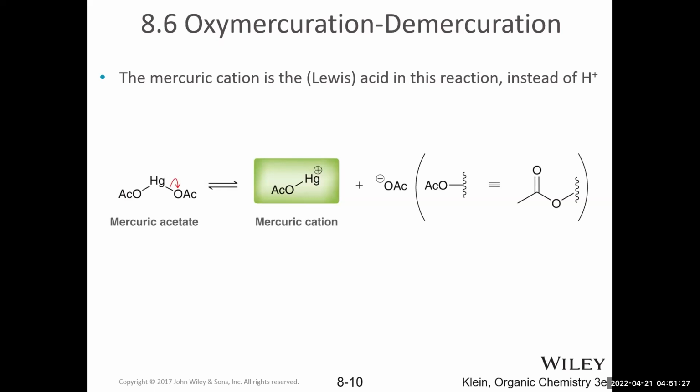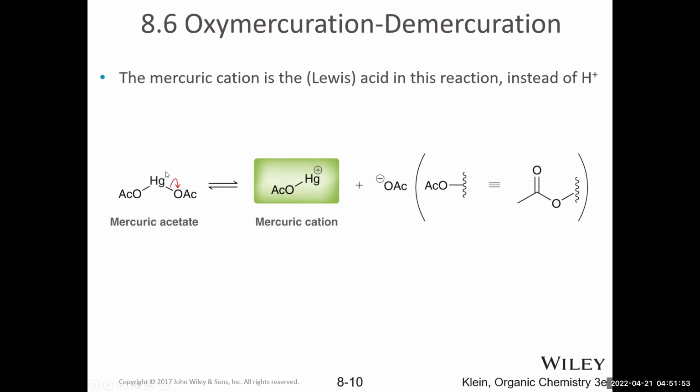So oxymercuration-demercuration is a two-step process. And the first step uses mercuric acetate and water. In mercuric acetate, the mercury ion itself will act as a Lewis acid in this reaction, which will replace the need to use a Bronsted-Lowry acid, such as sulfuric acid.